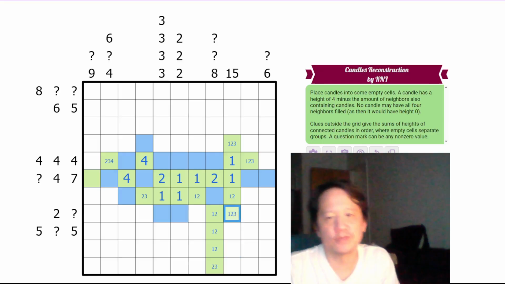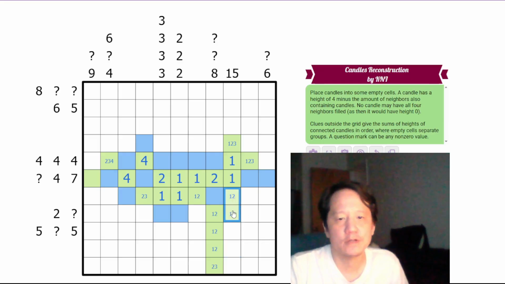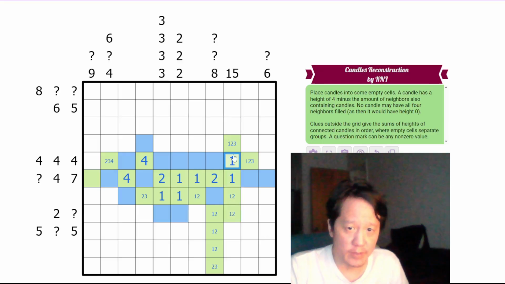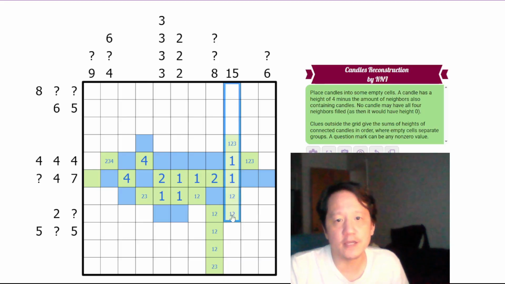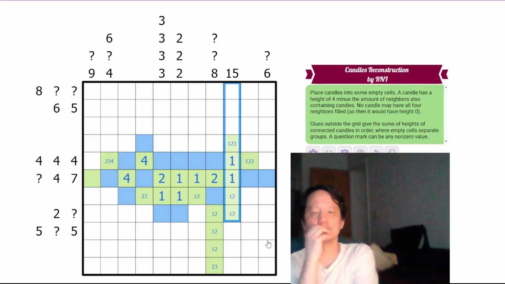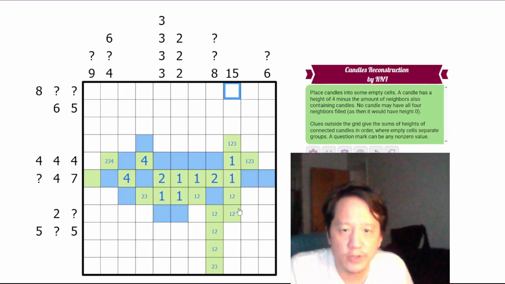This can't be 3 anymore. So this is 1 or 2. That means at minimum, if we try to have these 8 have filled candles, that would be 3 and 2. I guess it could work.